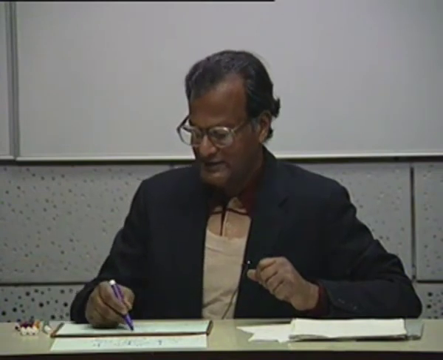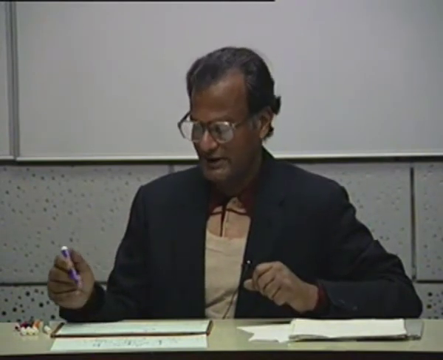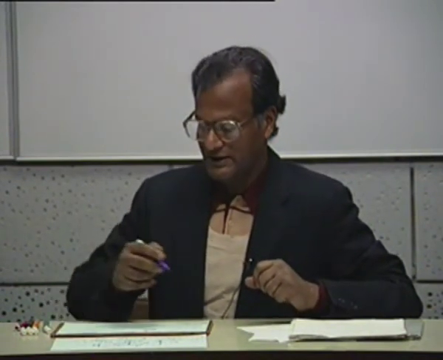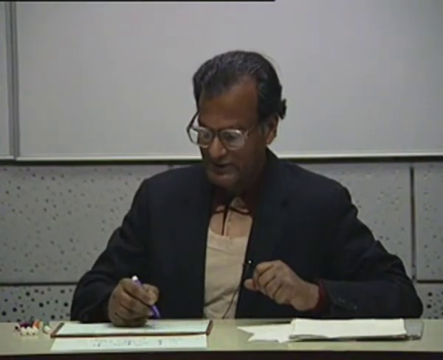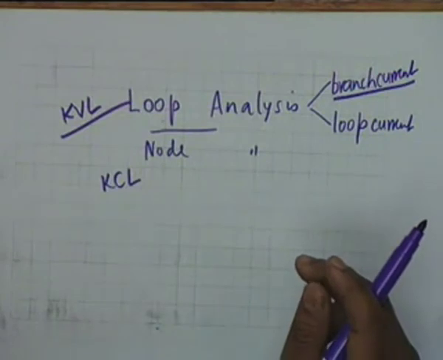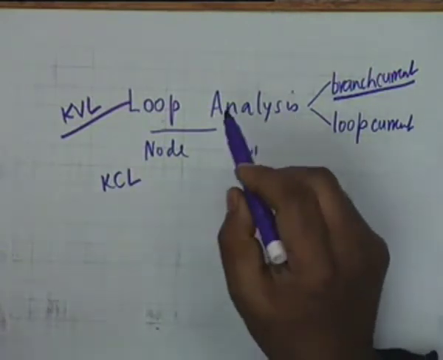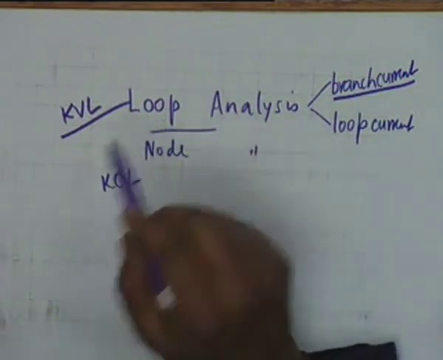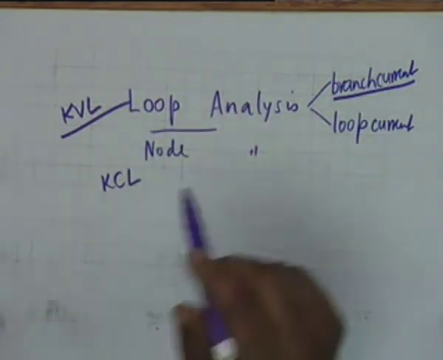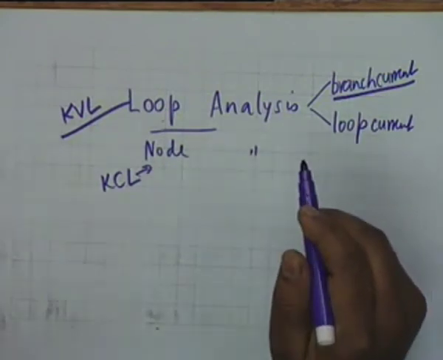In node analysis, instead of concentrating on currents, we concentrate on node voltages. Alright, and we write basically KCL equations. In loop analysis, we take help of KVL equations. That is, the determining equations for currents in loop analysis are KVL equations. The determining equations in node analysis are KCL equations.